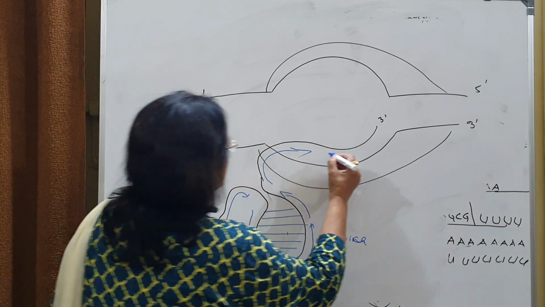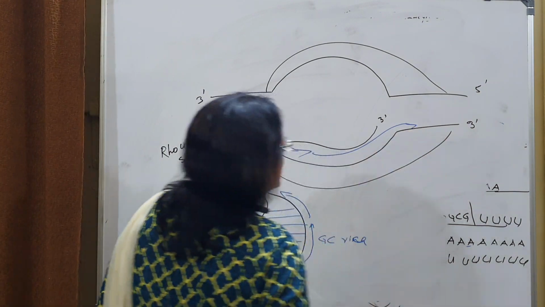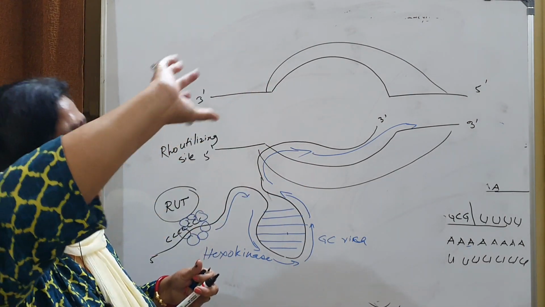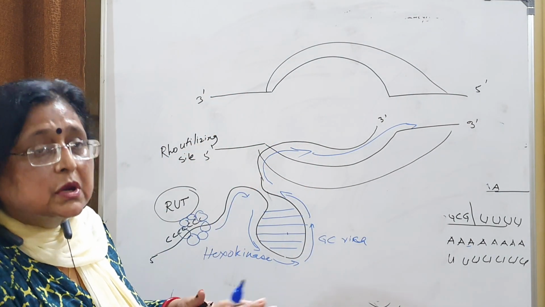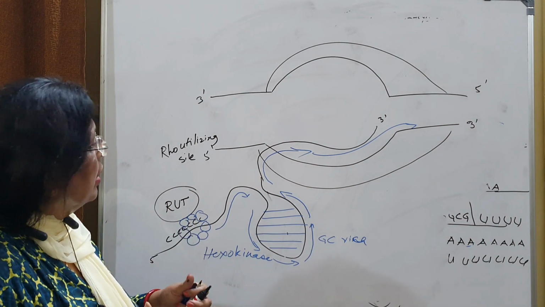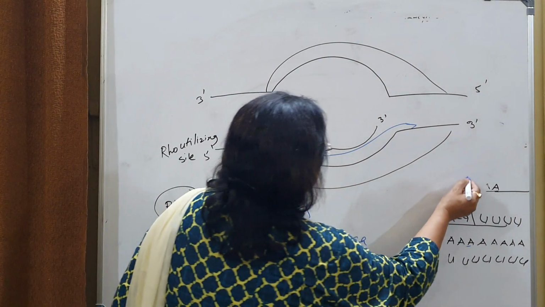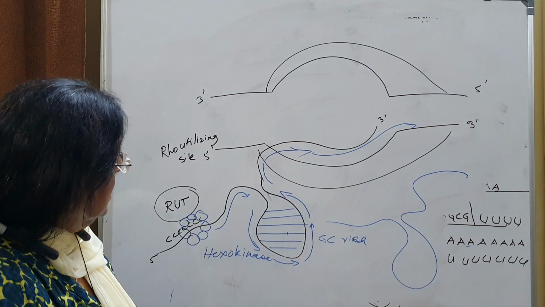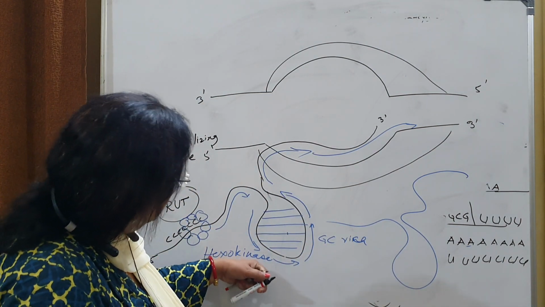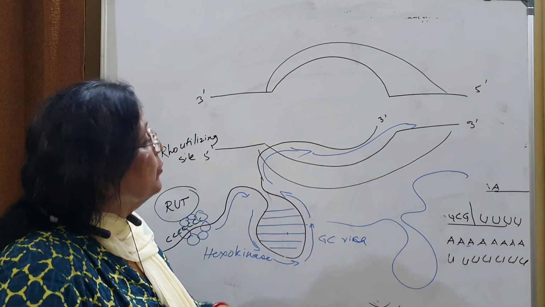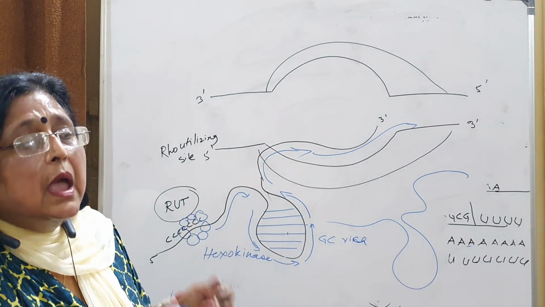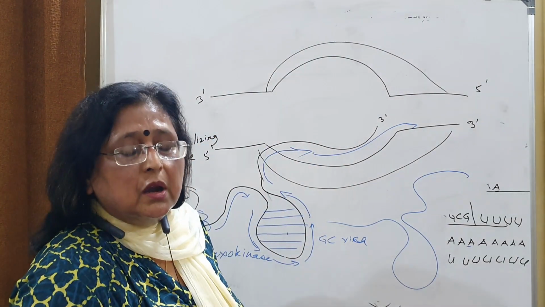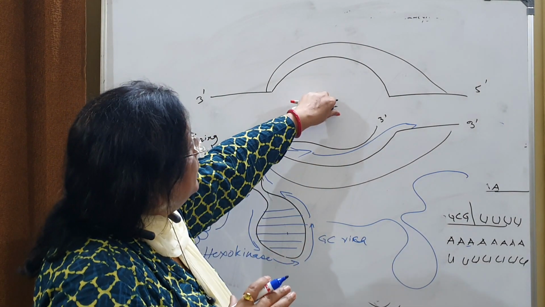And once it reaches the polymerase, it dissolves, the RNA will come out and the RNA polymerase will go out. In this way, the strand of RNA will be formed. So the Rho protein, it consists of the enzyme hexokinase, which moves towards the RNA polymerase, and at the termination site, it separates the RNA polymerase from the template.